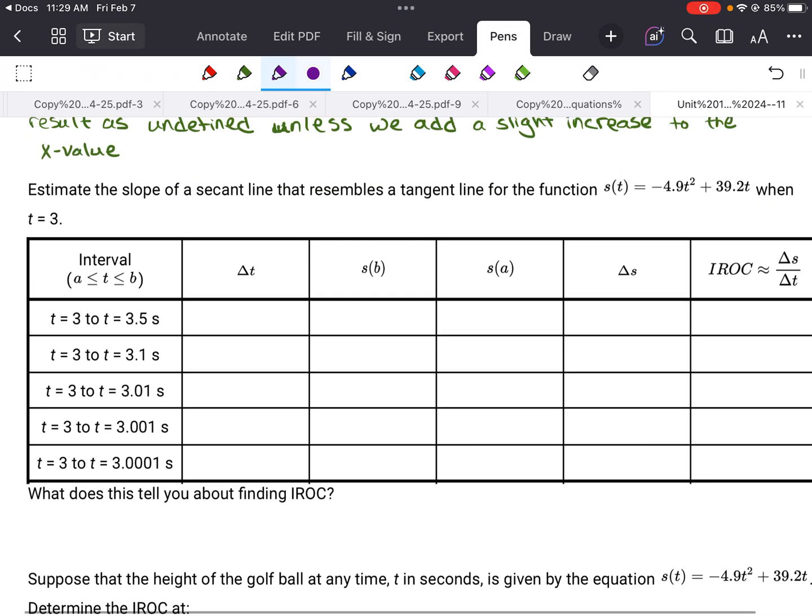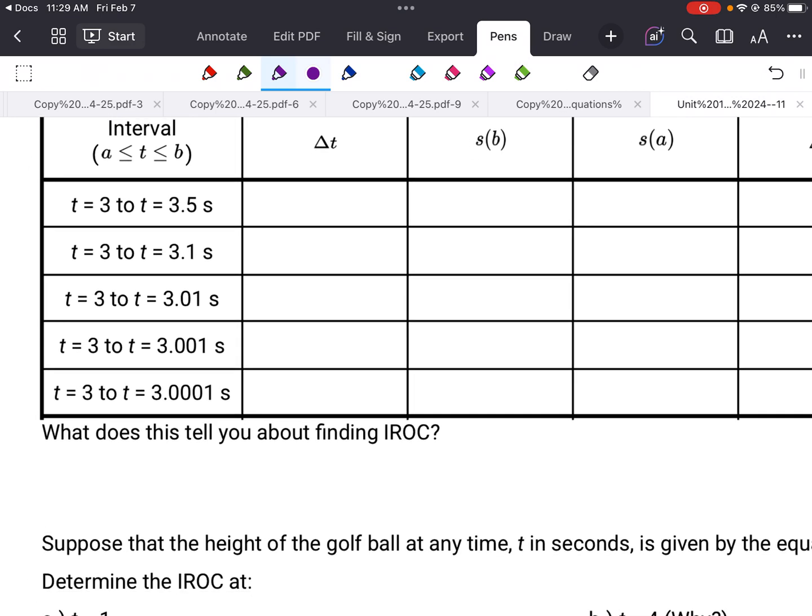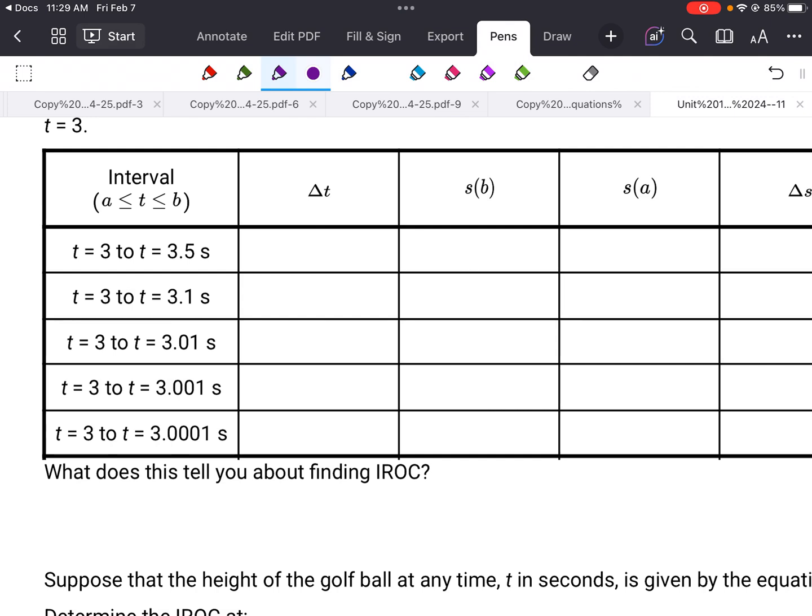Okay, so let's look at this as in a table. Interval from A to B, to estimate the slope of a secant line that resembles a tangent line for the function s(t) = -4.9t² + 39.2t when t equals 3. In the first one the interval is 3 to 3.5 seconds, so the difference of t is 0.5. When you plug 3.5 into the equation, we get 77.175.